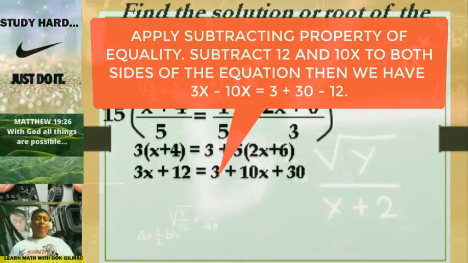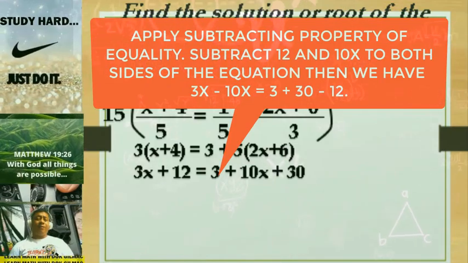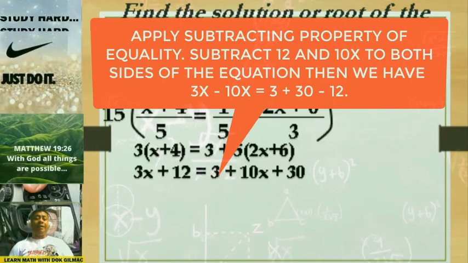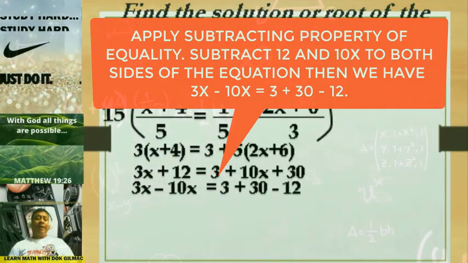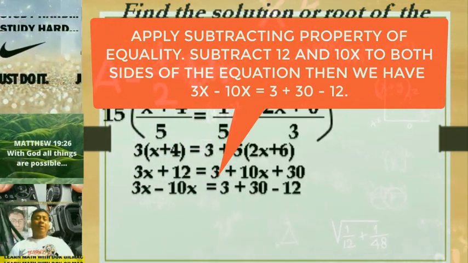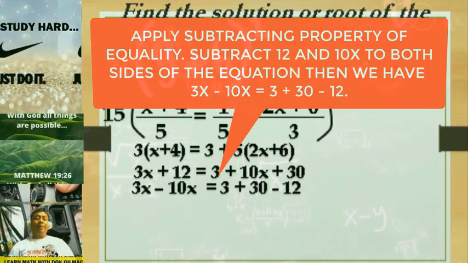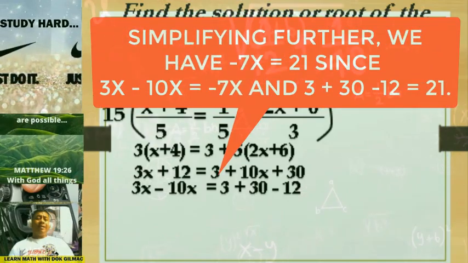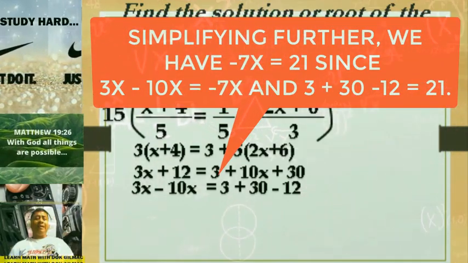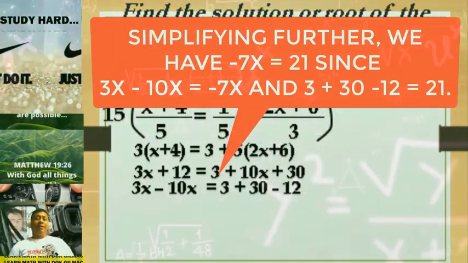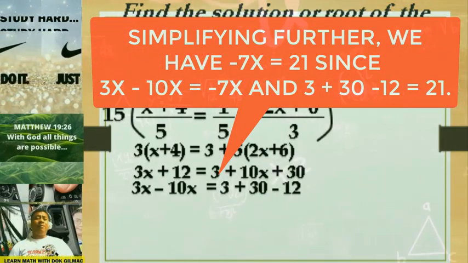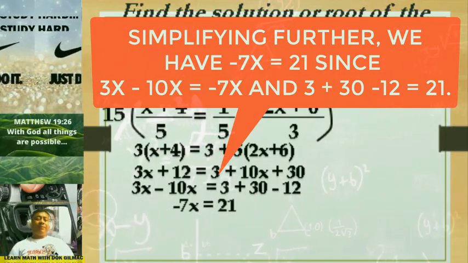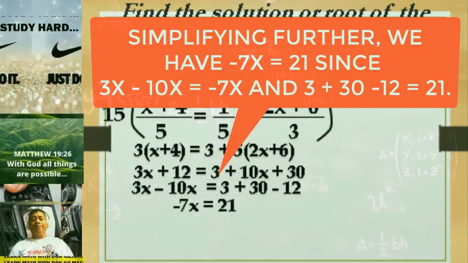Subtracting 12 and 10x from both sides of the equation, applying subtraction property of equality, we have 3x minus 10x is equal to 3 plus 30 minus 12. Simplifying further, 3x minus 10x is negative 7x is equal to 3 plus 30 minus 12, which is 21. So we have negative 7x equals 21.